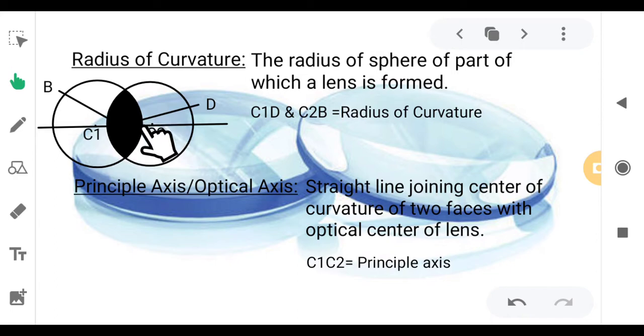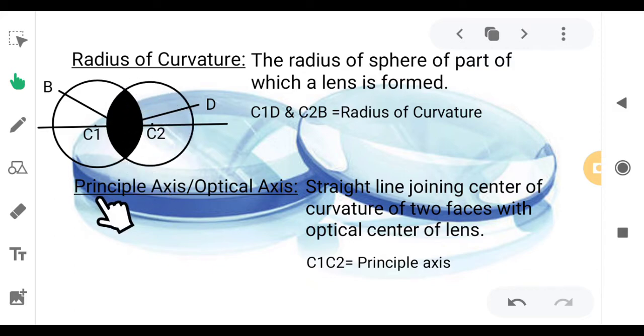This distance C1D and this distance C2D is called radius of curvature. Means the radius of the circle by which the lens is formed.